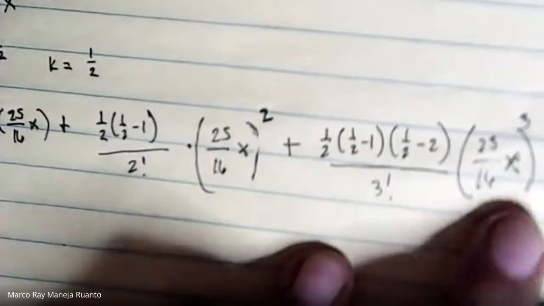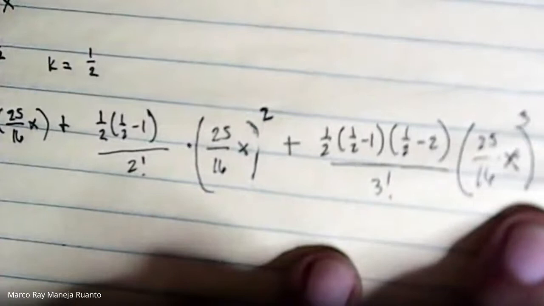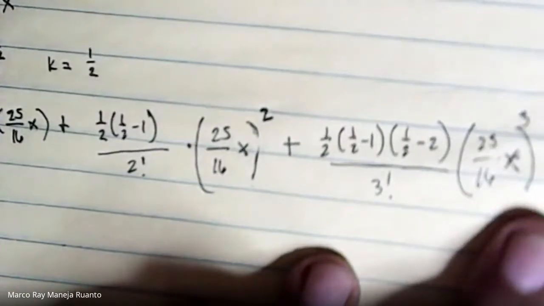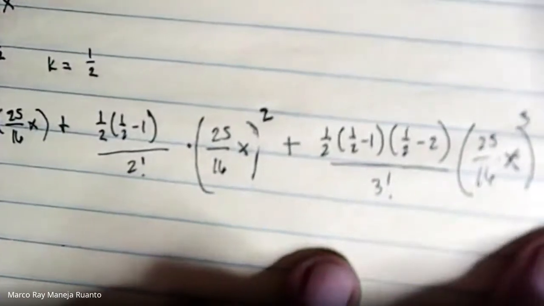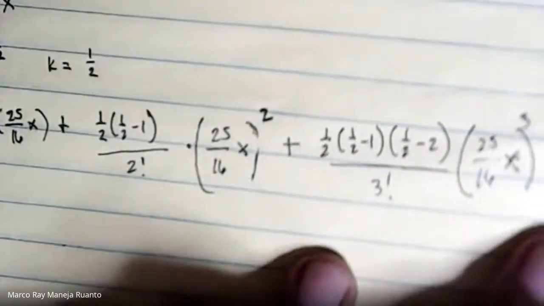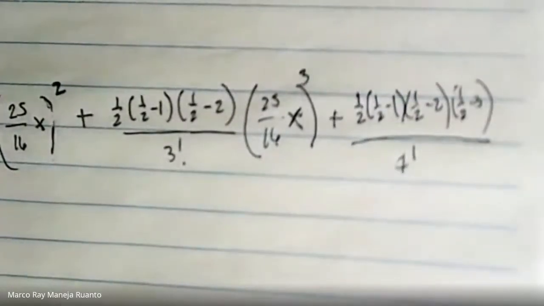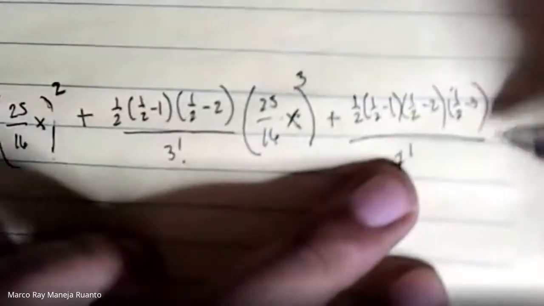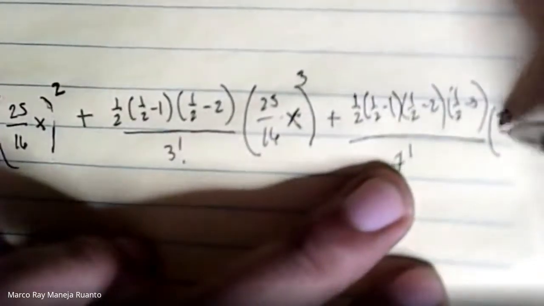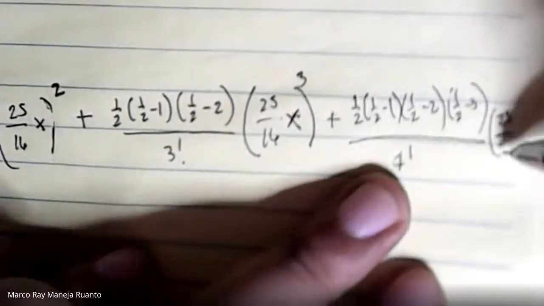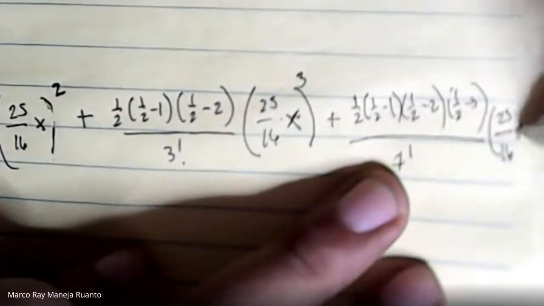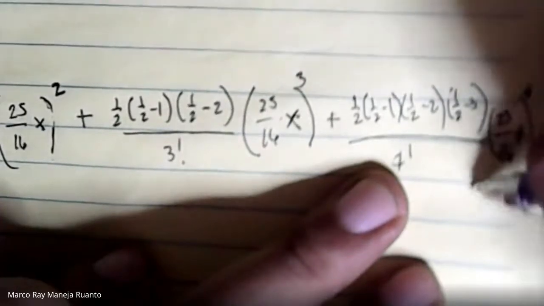For the last term, we have 1/2 times 1/2 minus 1 times 1/2 minus 2 times 1/2 minus 3 all over 4 factorial, times 25 over 16 x to the power of 4, plus so on.